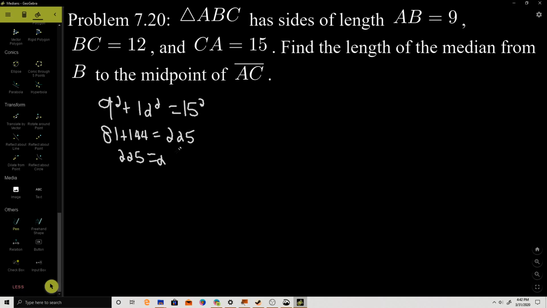But if you were paying attention to one day I went over this, you could also realize that 9 is 3 times 3, and 12 is 4 times 3, and 15 is 5 times 3. And you could have realized it's the same thing as a 3, 4, 5 triangle, so it has to be a right triangle.